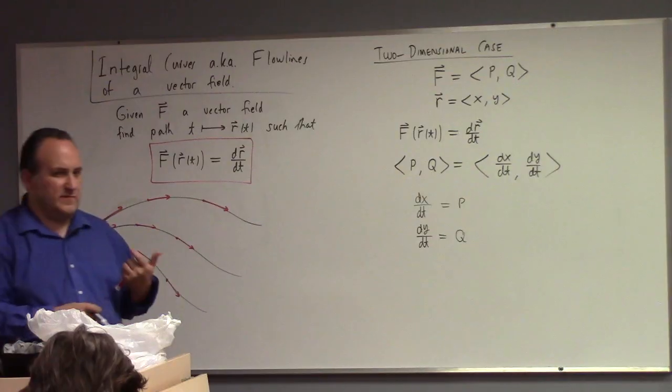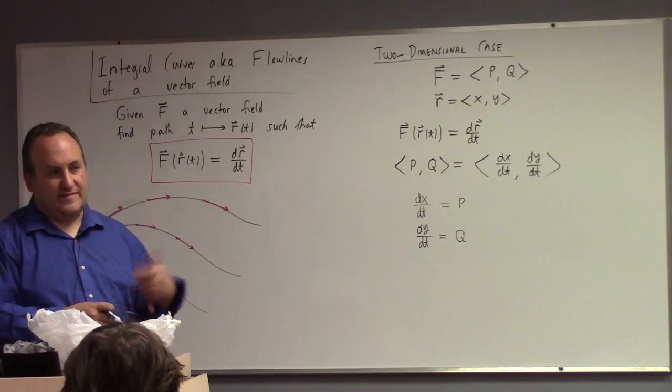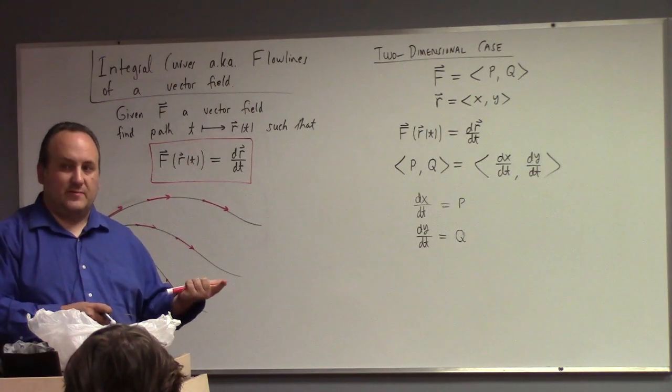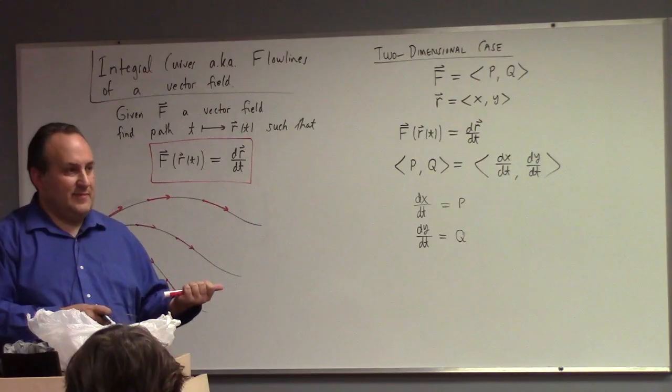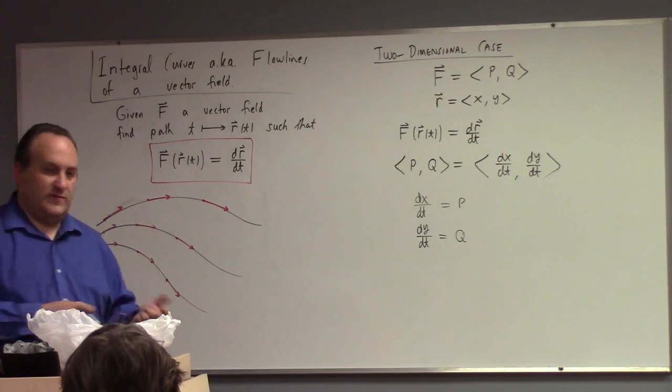Now, we haven't solved problems like that yet, really. Because that's actually a system of differential equations. You have x and y as dependent variables, and t is the independent variable. Can we solve a system of differential equations like that? I think we can. Let me show you one we can.